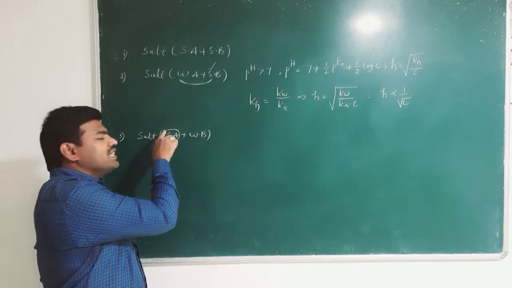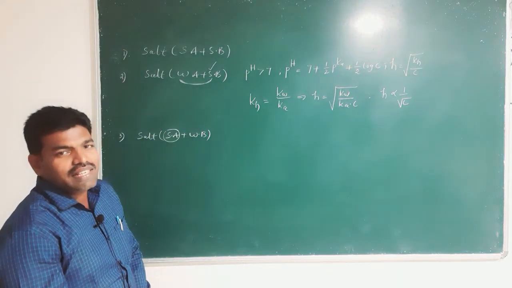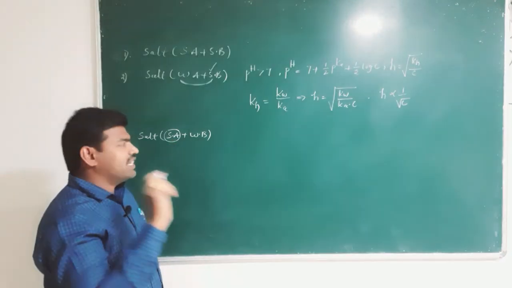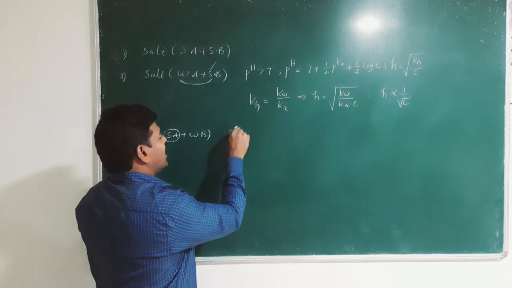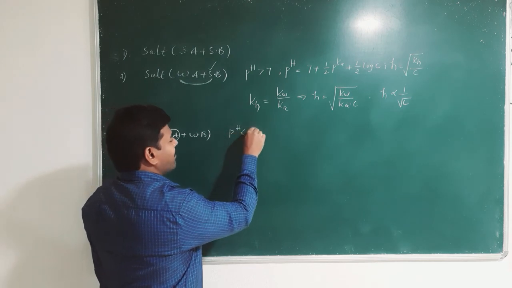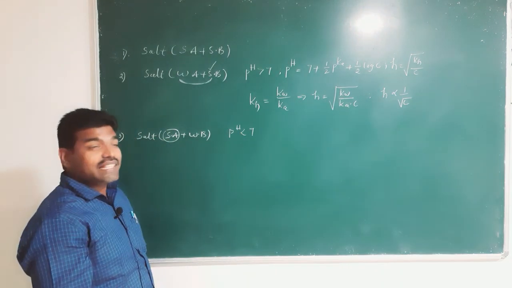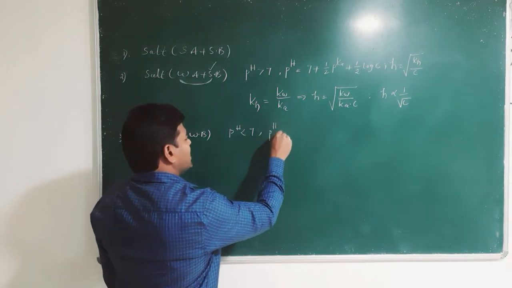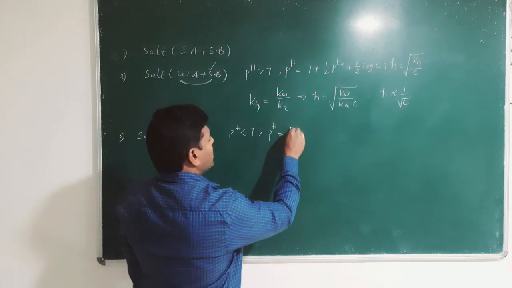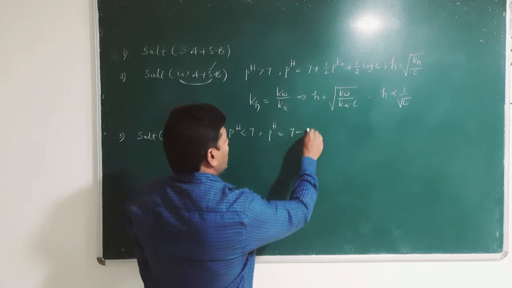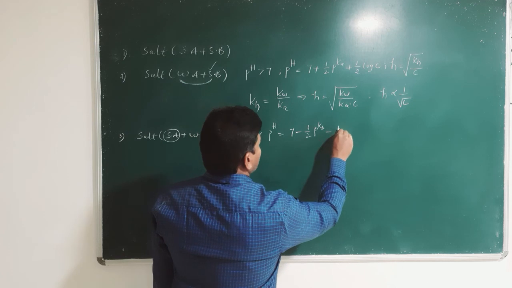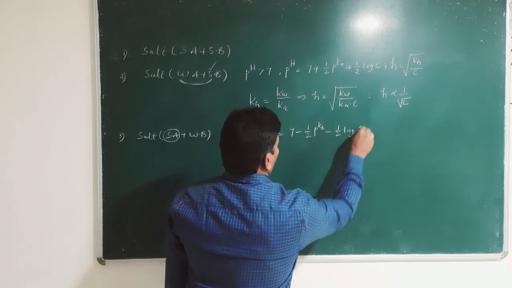This strongness is ascribed to the resulting solution. So, the resulting solution is acidic in nature. So, pH is less than 7, and the equation to calculate the pH is pH is equal to 7 minus 1 by 2 pKb minus 1 by 2 log C.